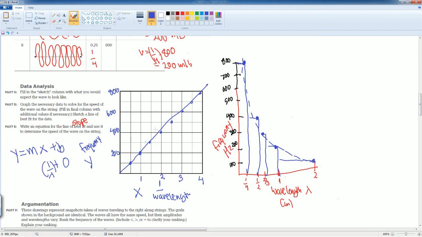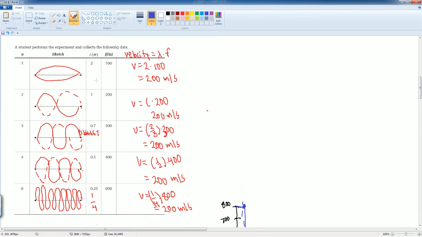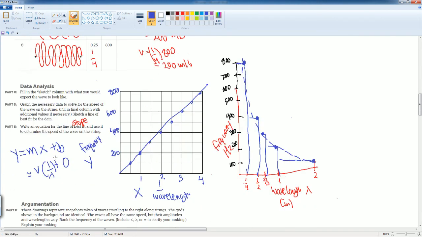Your m is your slope, which is your velocity. Okay? And y would be your frequency. So what is the symbol for frequency? Let me see. F, right? Yeah. Cool. So it looks like that. Frequency equals velocity times 1/2. And this looks like an H, but it's that. You don't need the plus 0, so it's exactly like that. So velocity times 1/2 lambda, 1 over lambda.